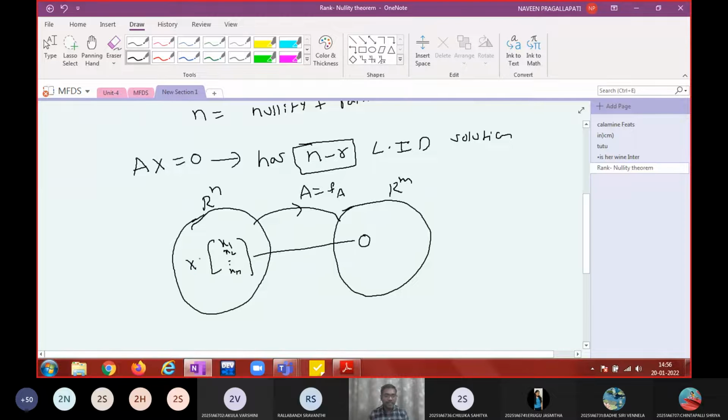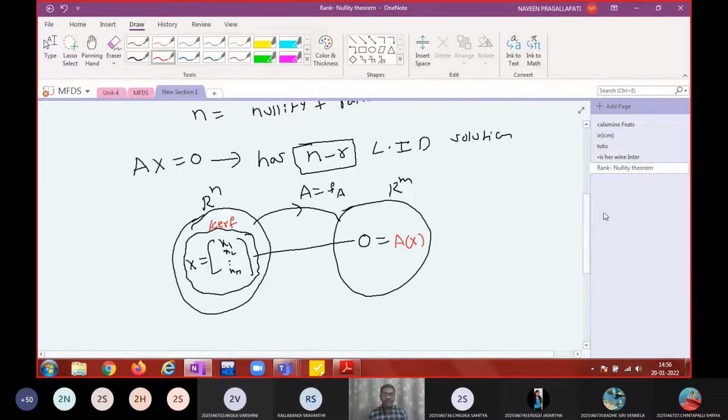This is x. So what is the relation? 0 is nothing but the image of x under the mapping A. So you collect all x which are mapped to 0. What is that called? Kernel. Do you agree?